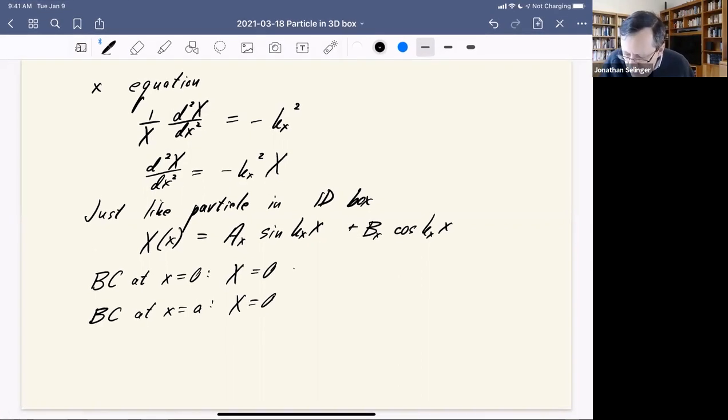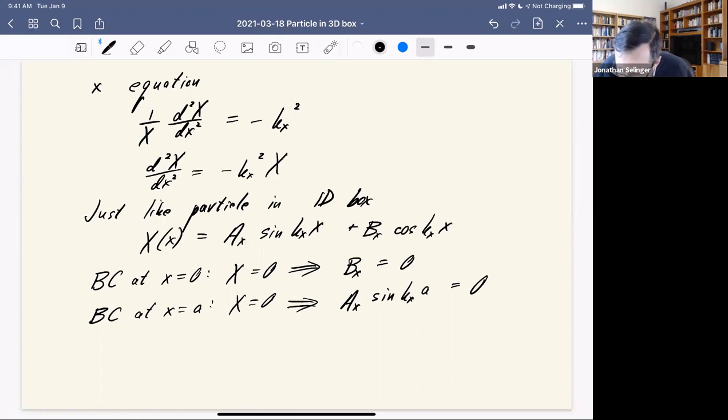For the first, if we plug in little x equals 0, then a sub x times 0 plus b sub x times 1 has to equal 0. So the b term is 0, and we only have the a term. Then the boundary condition at x equals a tells us that a sub x sine k sub x a is equal to 0.